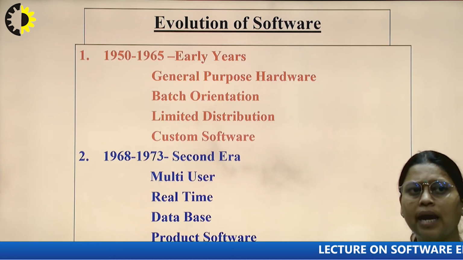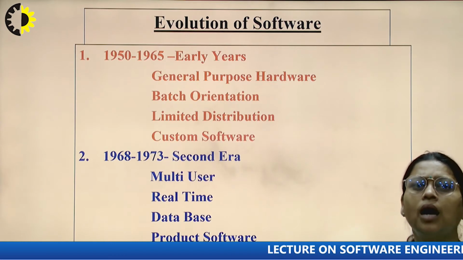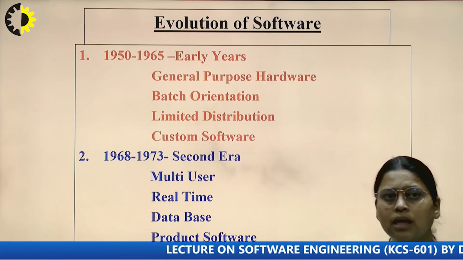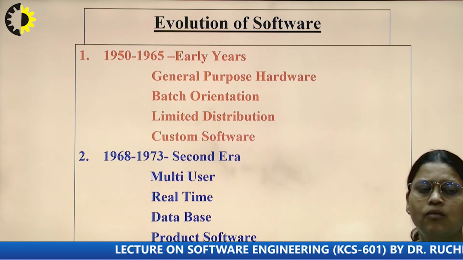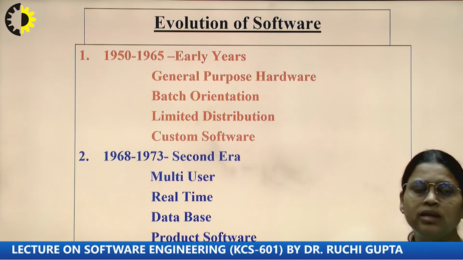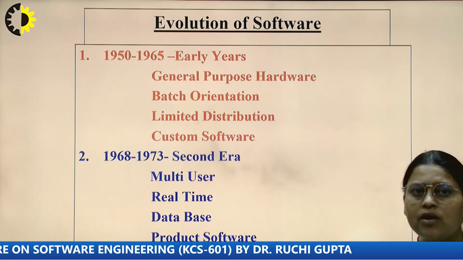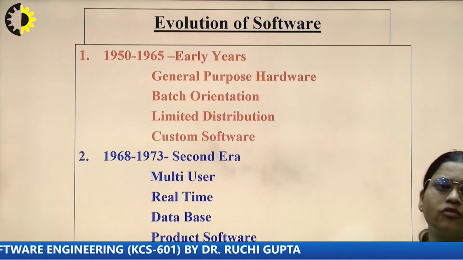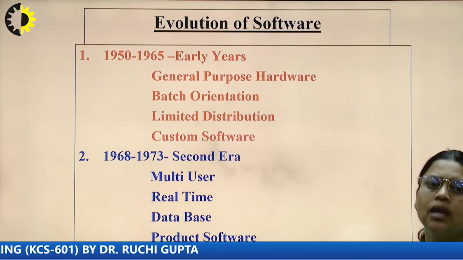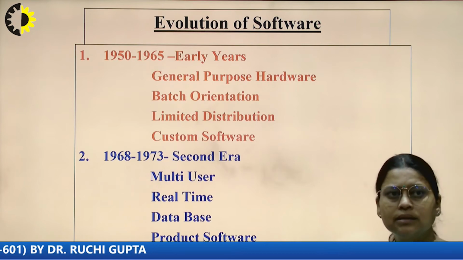If we go to the 1950s, this is called the early years of software. In this era, different types of softwares were developed, like general purpose hardware softwares, batch oriented softwares, limited distribution softwares, and custom softwares.